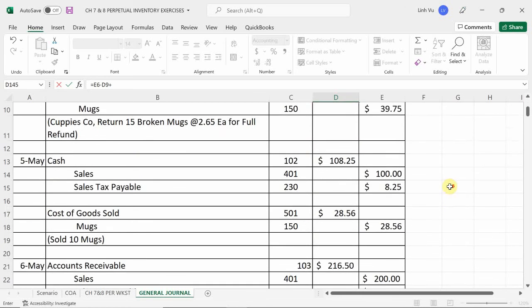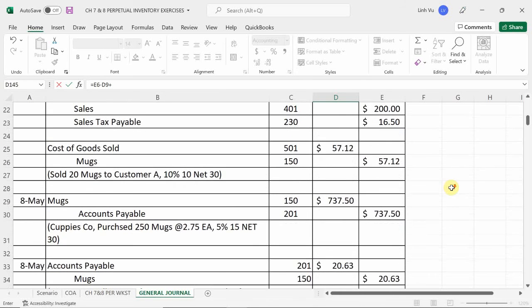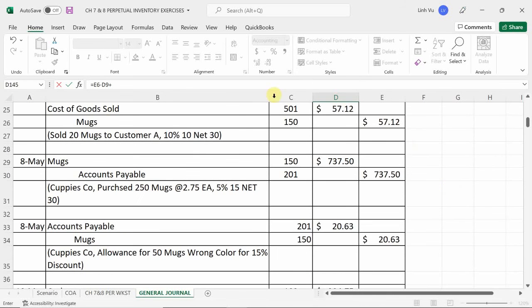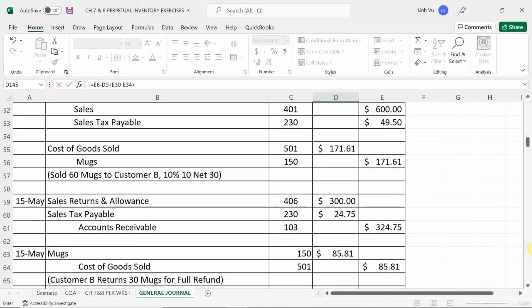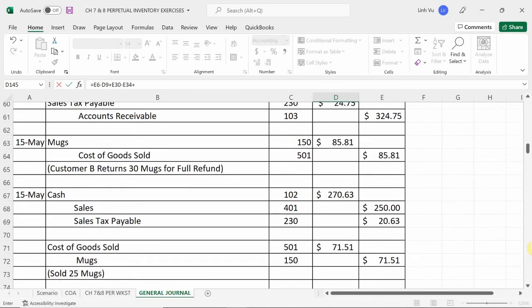Then we end up making another purchase on the 8th of May, which gave us a total of $737.50. But we end up getting a discount because we were given the wrong product, right? So in this case, we end up getting 15% of the money for those 50 mugs that were wrong. And then, of course, I also charged on my account once again on May 20th.